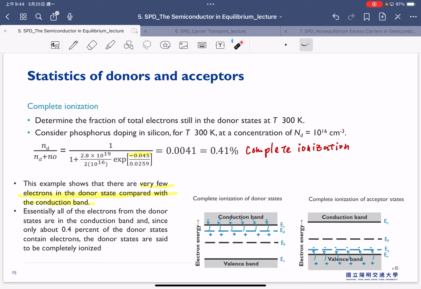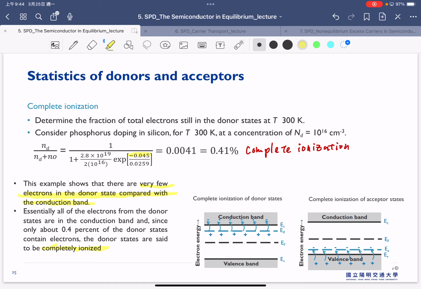Essentially all of the electrons from the donor state are in the conduction band. Since only 0.4% of donor states contain electrons, we can say the donor states are completely ionized.